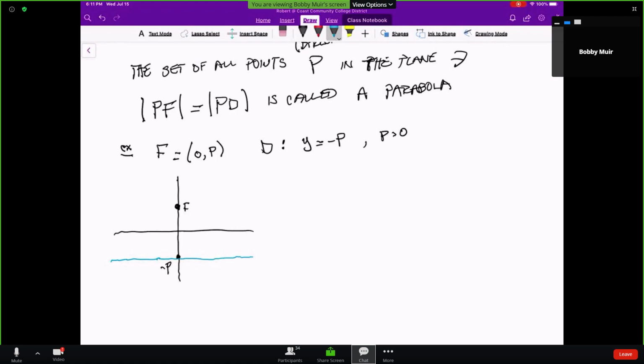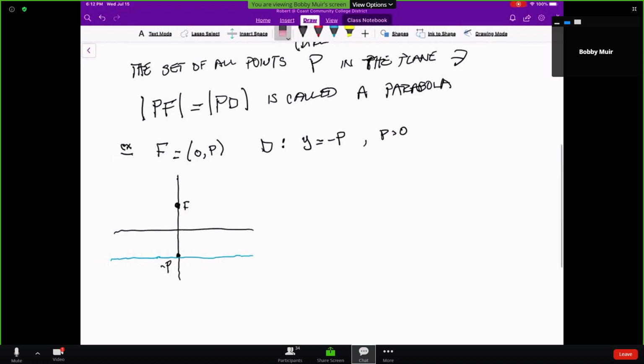So now just by eyeballing this, because this has coordinates (p, 0), isn't this point on the parabola? Doesn't it satisfy the distance condition? Yes, it does. Okay, so that's a point that's going to be on the parabola.